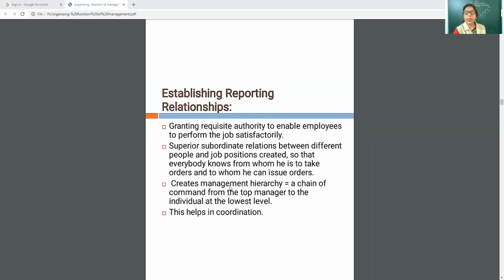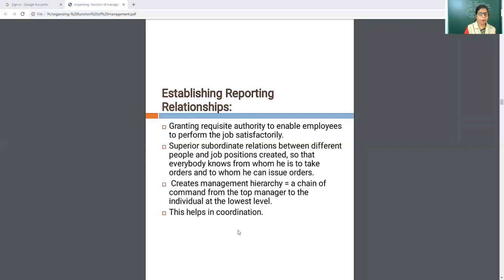So the last step in the organizing process is to make the superior subordinate relationships, meaning who is superior, who is subordinate, who has power or authority to give responsibilities, who is accountable to whom. In this step, the management hierarchy creates a chain of command from the top manager to the individual at the lowest level. This helps in coordination and teamwork, and unity is possible.